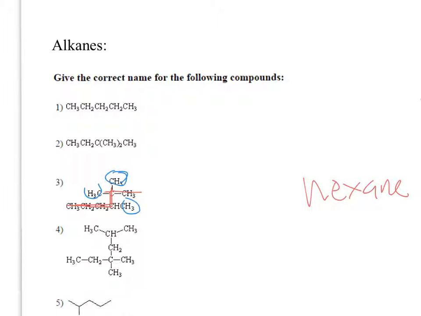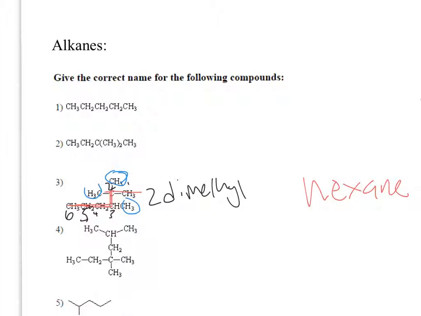So where are those? Let's count our carbons, sorry. We're going to have 1, 2, 3, 4, 5, 6 carbons. So there's how I would number them. So we have 2 methyls on carbon 2. So it's going to be 2-dimethyl.